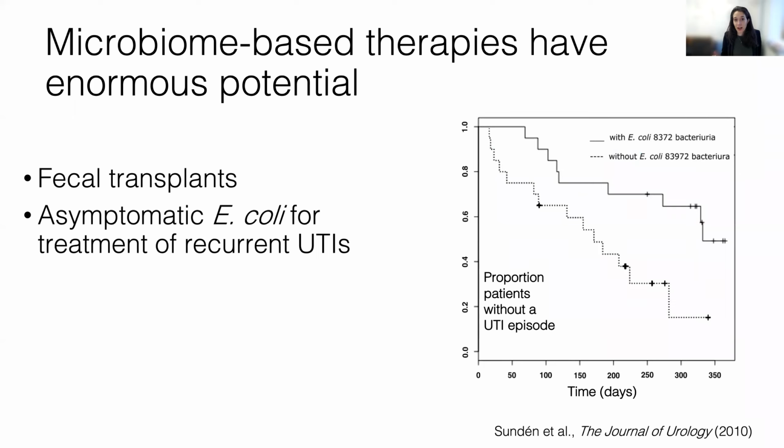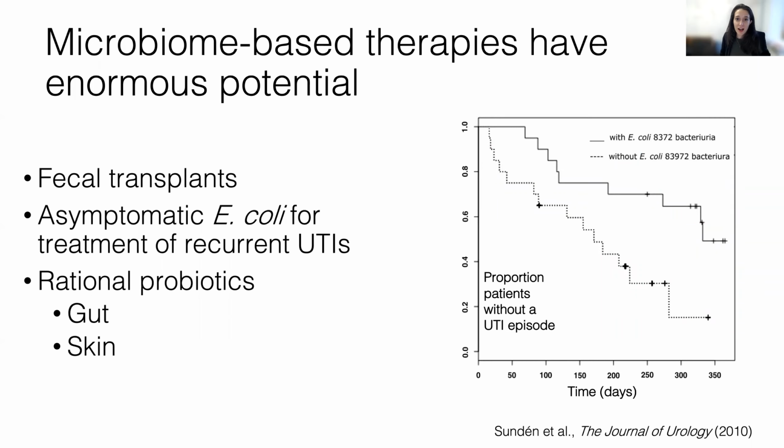People have been treated for symptomatic urinary tract infections with an asymptomatic E. coli that outcompetes the pathogen. And I'm really hopeful that there's a future out there for rational probiotics, even for diseases that aren't necessarily caused by the microbiome, but things that might be treated with probiotics, for example, regulating the immune system.